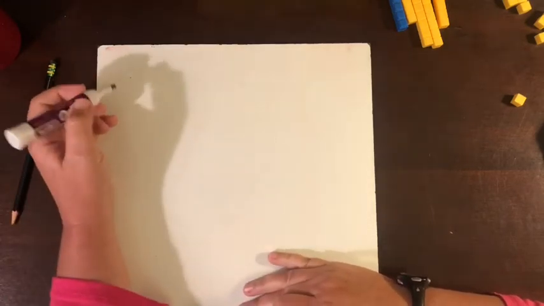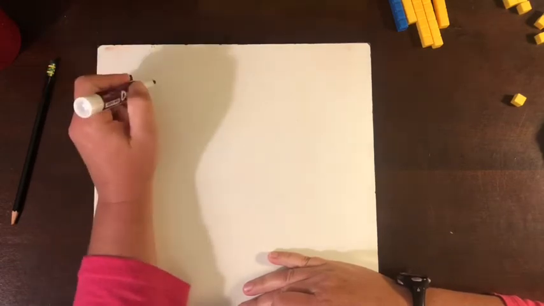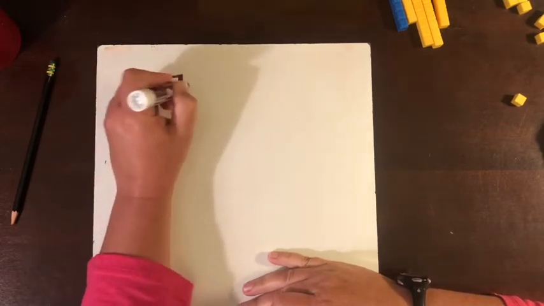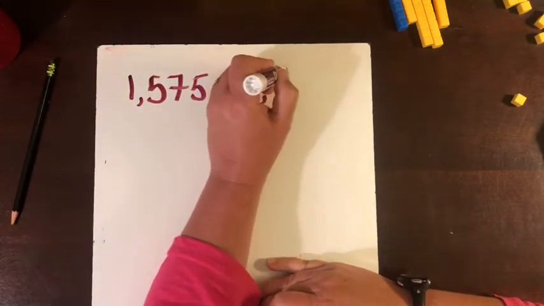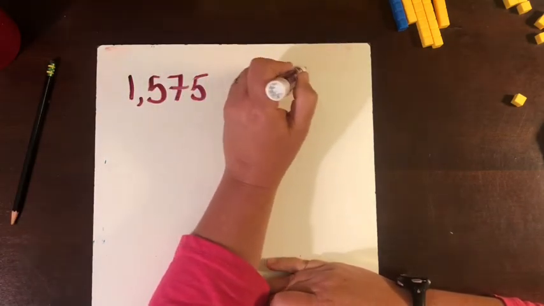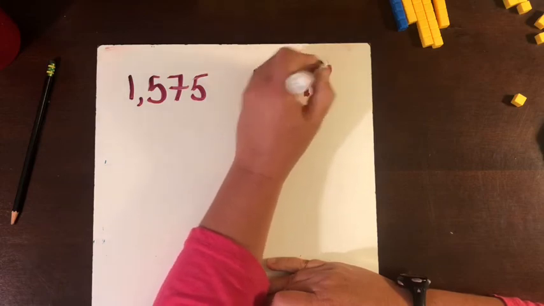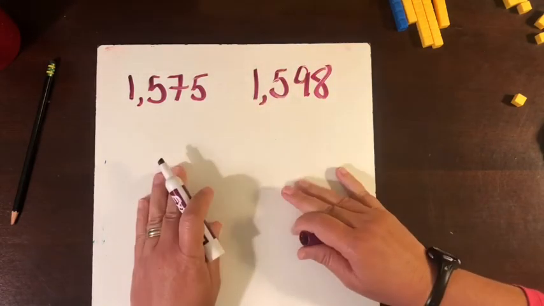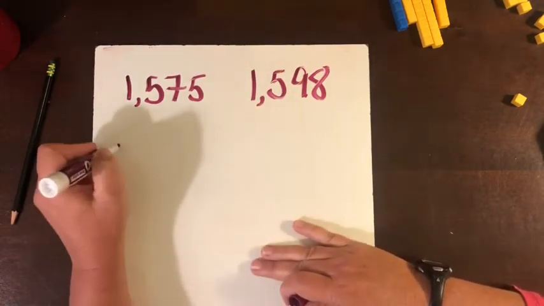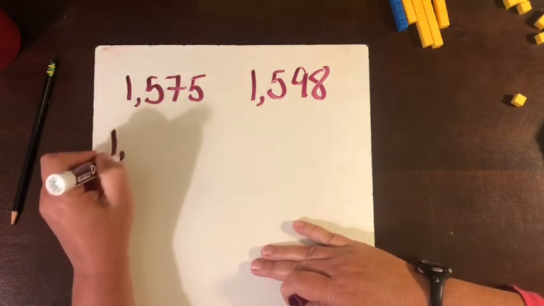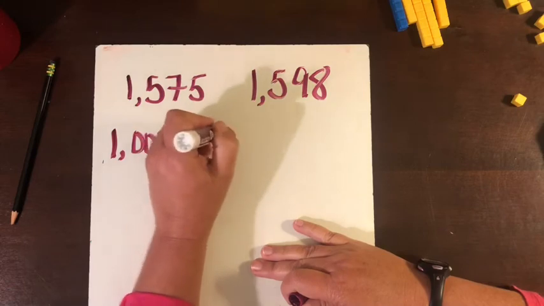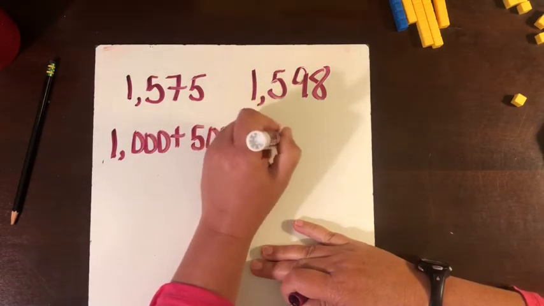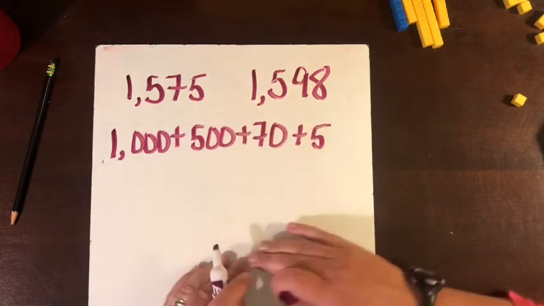So if I was comparing 1,575 with the number 1,598, we want to make sure that we're putting place value to place value. So for this number, you're going to say 1,000 plus 500 plus 70 plus 5.